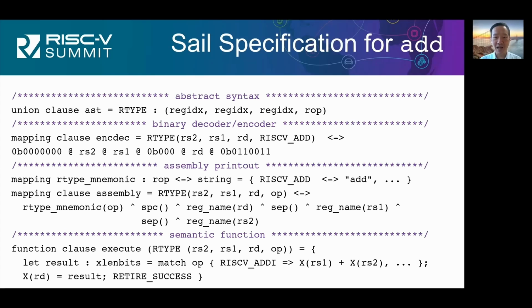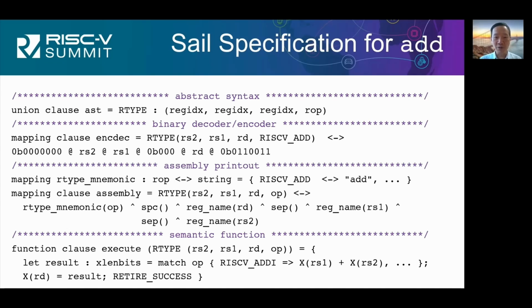And then after abstract syntax, we need to tell CEL how to decode and encode binary codes. And there's a binary encoder and decoder specified in CEL. So basically, it tells us how to extract register indices from binary code.